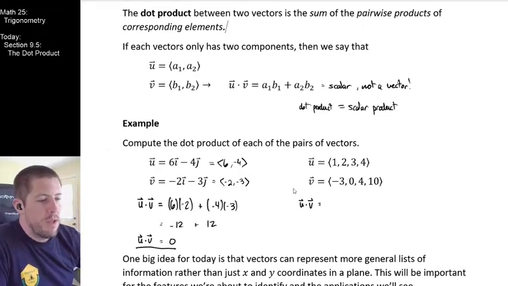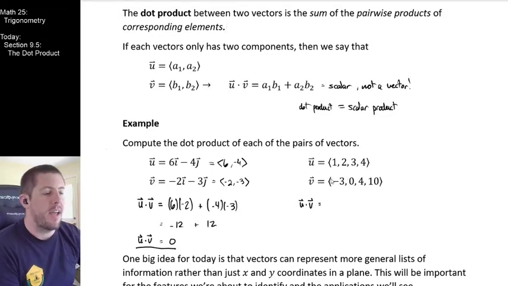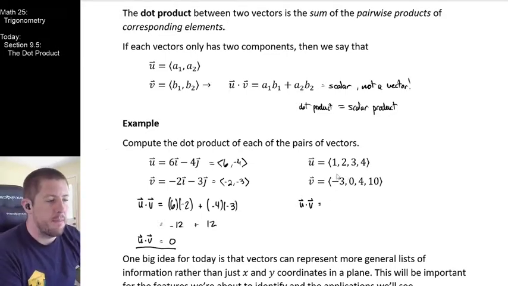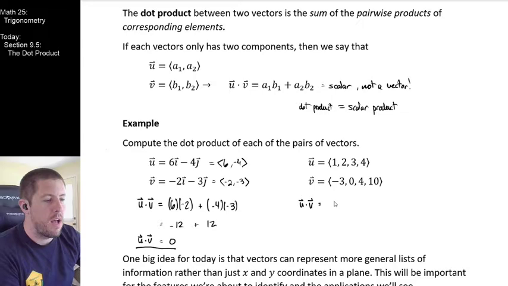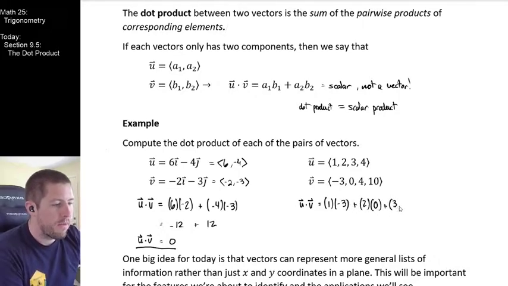So in this case, if we're going to just go ahead and compute a dot product, we don't really have any good interpretation for this yet. We're going to get there today. What I can do is take the pairwise product of each of the element-wise groups of components here. So it looks like we've got 1 times negative 3, plus 2 times 0, plus 3 times 4, plus 4 times 10, right?